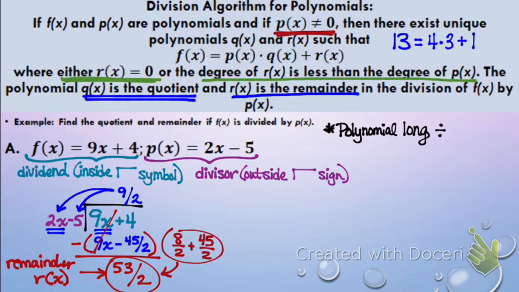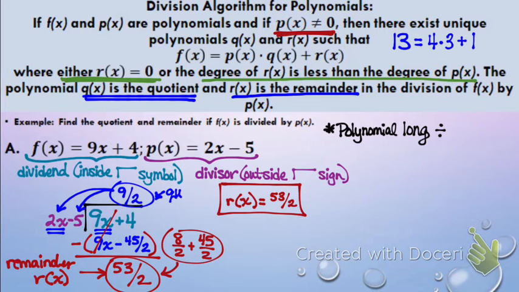So I'm going to write that over here. r of x equals 53 over 2. This piece up on top, 9 over 2, this is my quotient, q of x. So q of x is equal to 9 over 2.